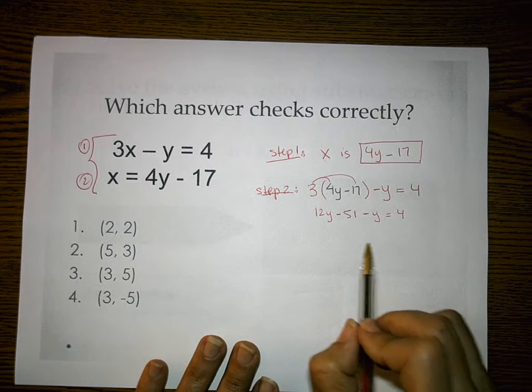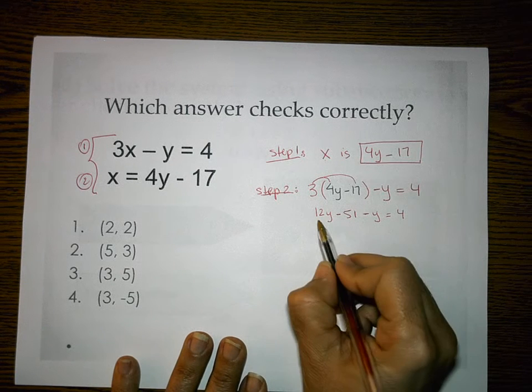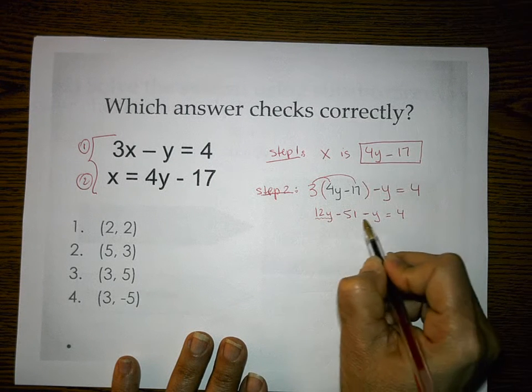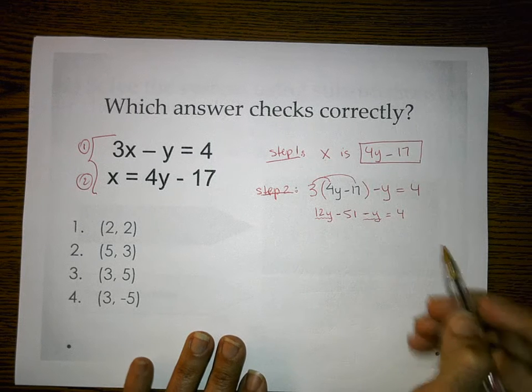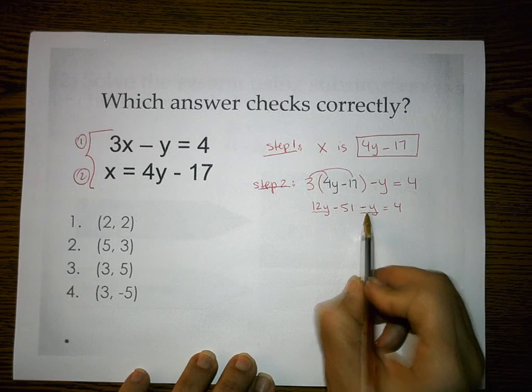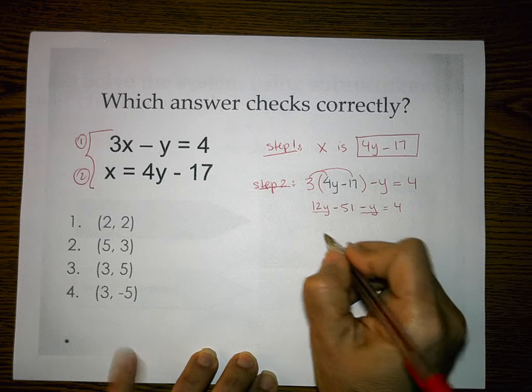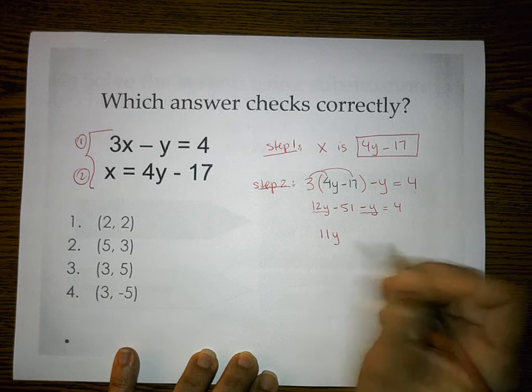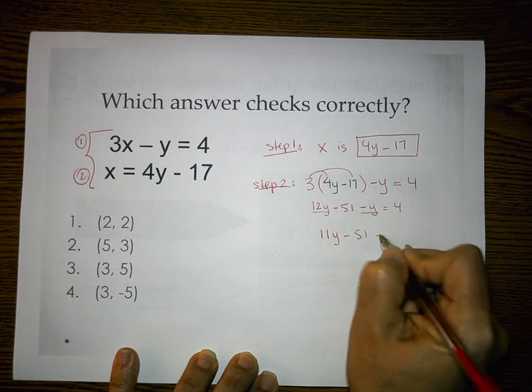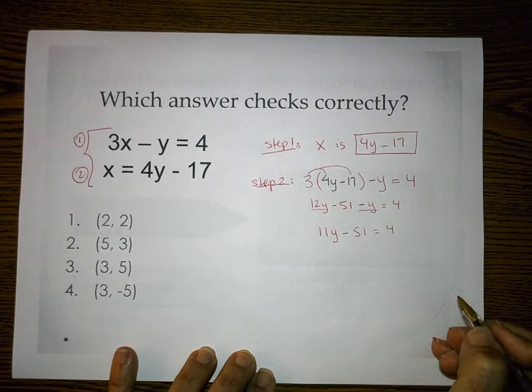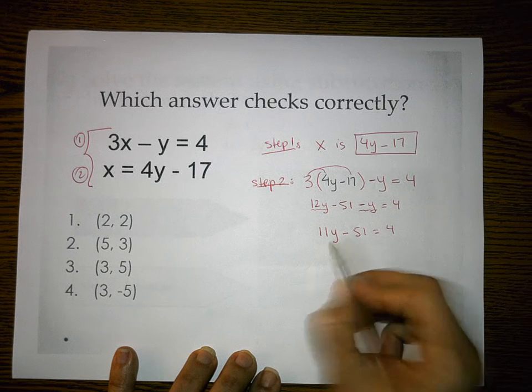So let's combine like terms. I have 12y minus 1y. If I had 12 and I subtract 1, that means now I have 11y minus 51 equals 4. Now I need to get the y by itself.